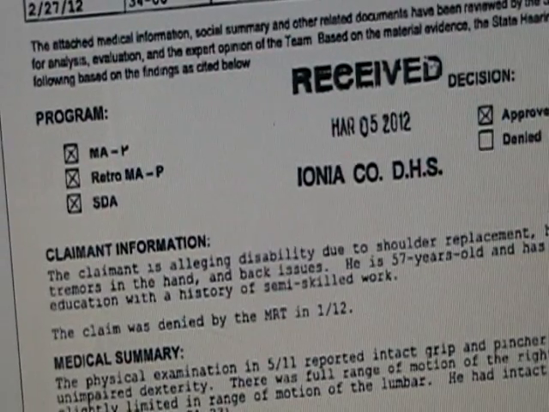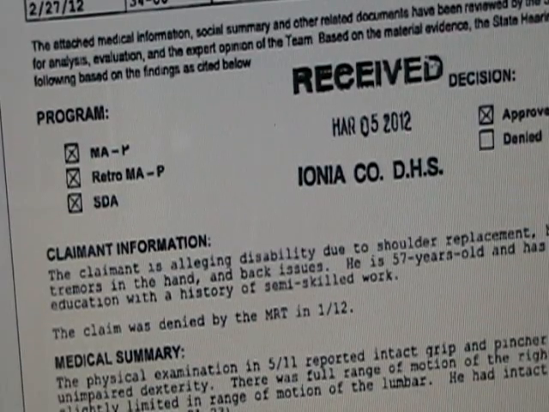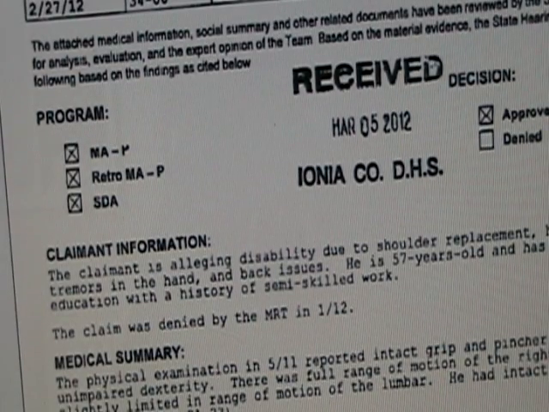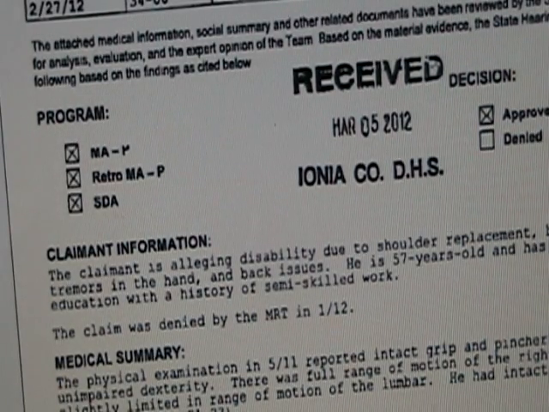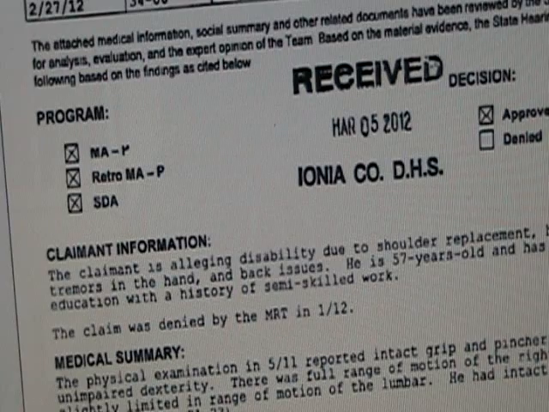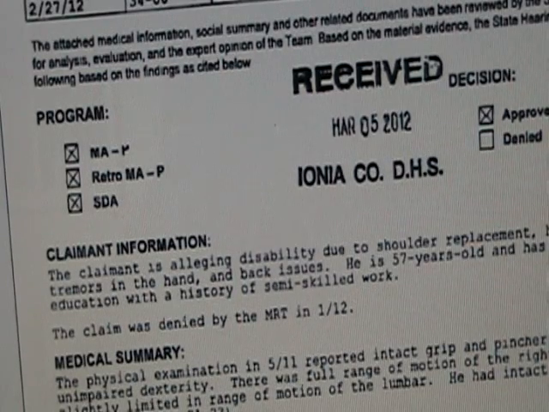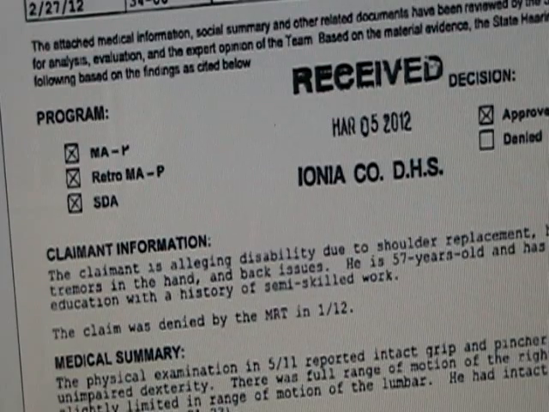And this is the state hearing review team. I'm just going to go down to the analysis. Well, now let's just go recommended decision. The claimant is not currently engaging in substantial gainful activity based on the information that is available in file. The claimant's impairments do not meet the intent of severity of a Social Security listing.